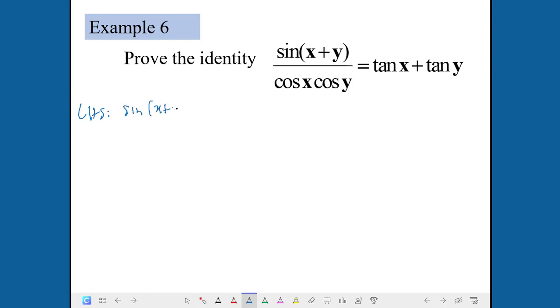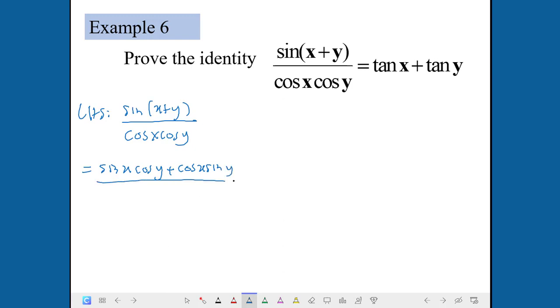Sin(x+y) over cos x cos y. Okay, this one is similar. Sin(A+B) is equal to sin A cos B plus cos A sin B, over cos x cos y.